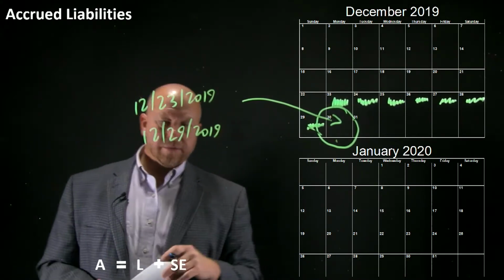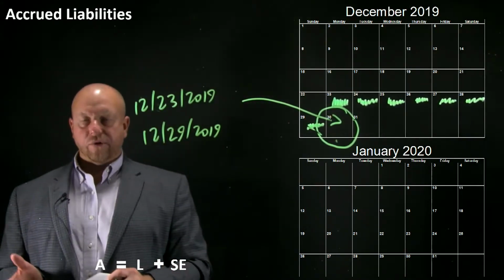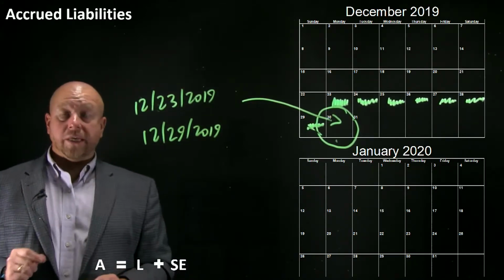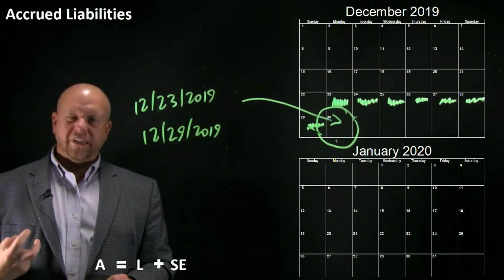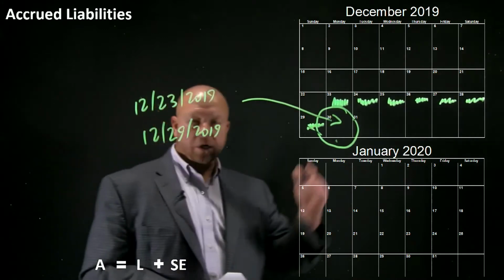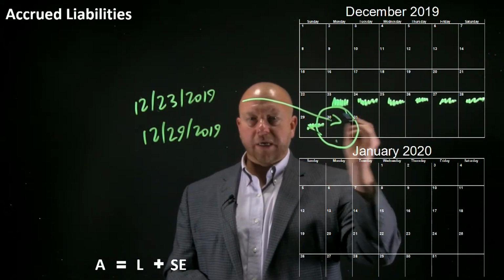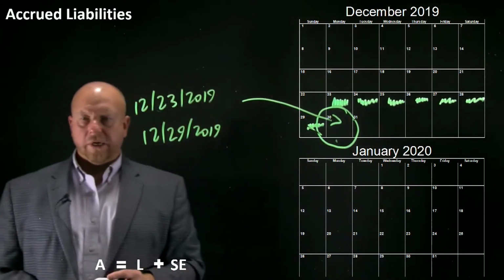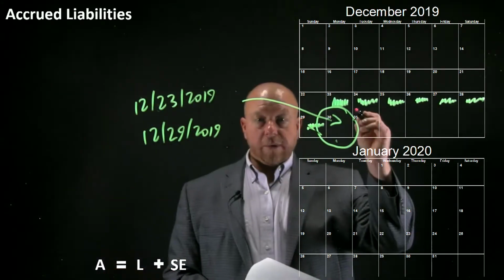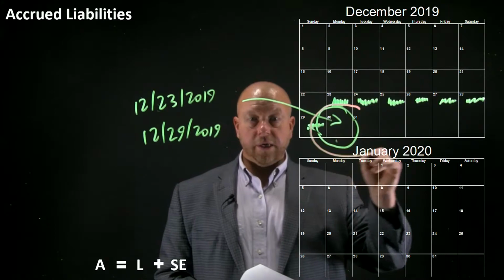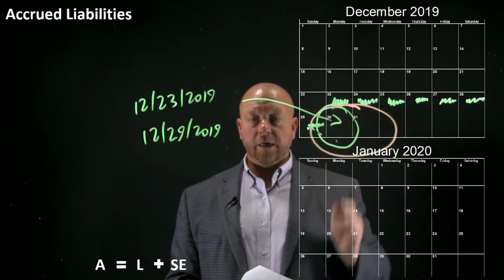Okay? I realize you probably get paid on Fridays, but trust me when I say that this is going to make the example just a little simpler to deal with here. So this Monday through Sunday gets paid on the subsequent Monday right there. So what about these days right here? Monday and Tuesday.